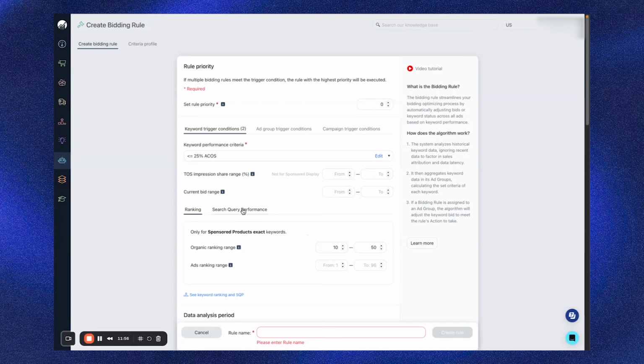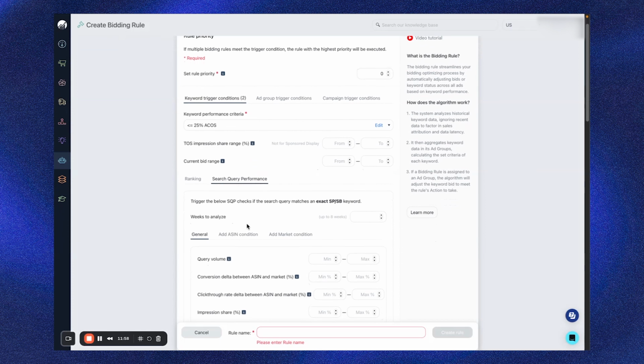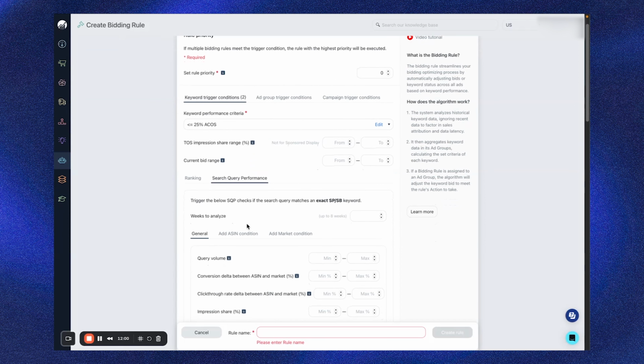And then what I love about Scale Insights is that you can use search query performance data and ranking data to implement as parameters for your bid optimization logic, which I believe in 2026 is industry standard. That's the best market share data that we have.